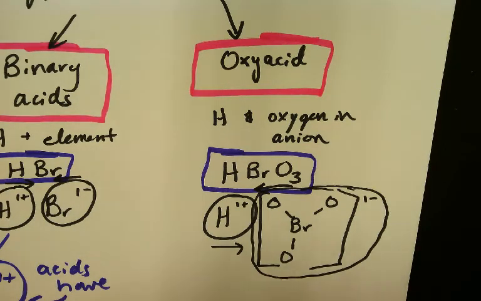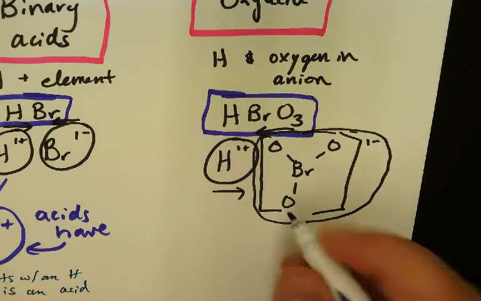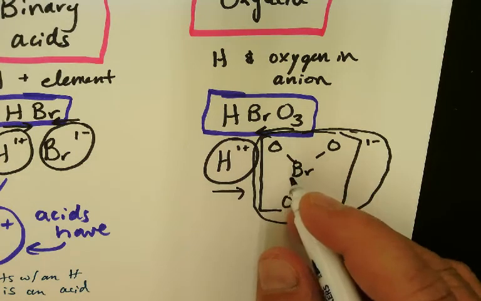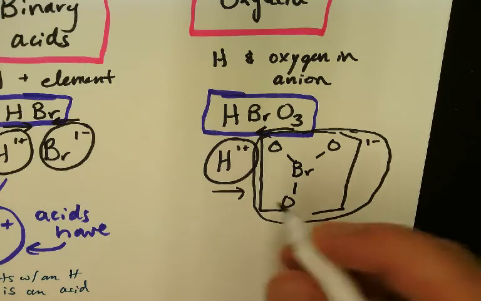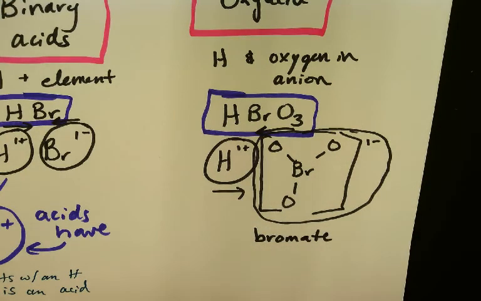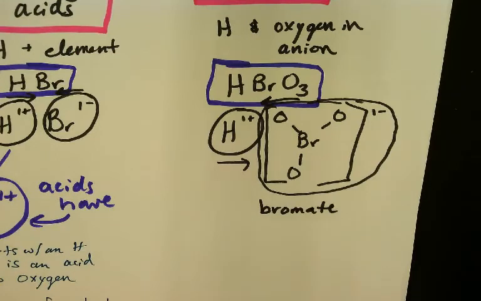Okay. So what are our rules with this? This is a little bit tricky. I'm going to write the name of this right here. What was the name of this ion? Can you tell me on your ion sheet? Bromate. I'm going to write that down. That will help us learn our rule. So let's put this on the shelf. I'm going to tell you the rule now.